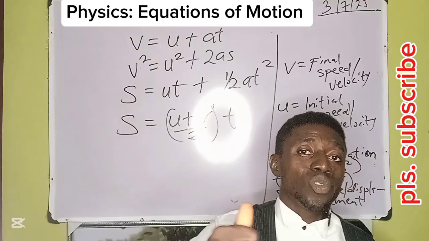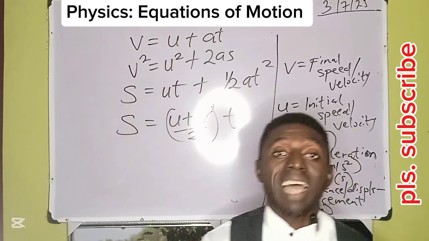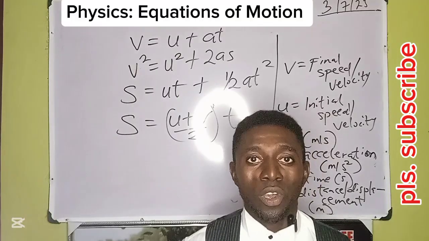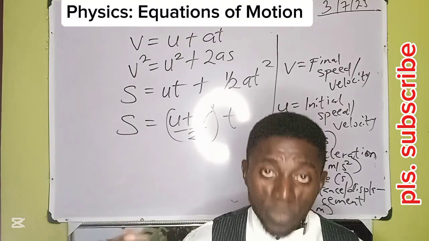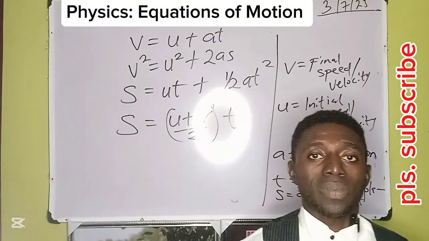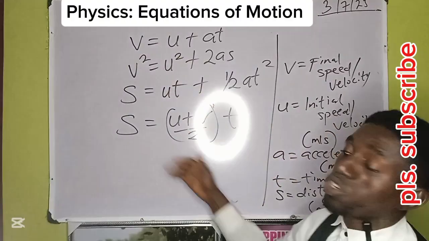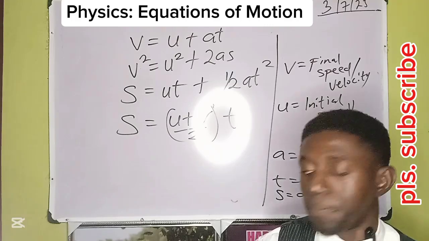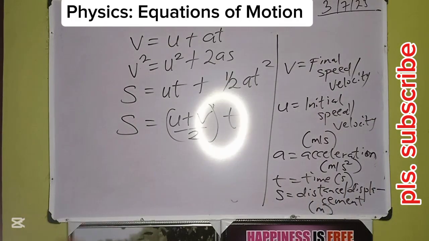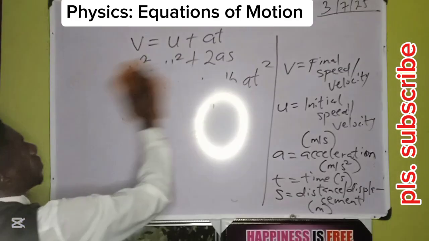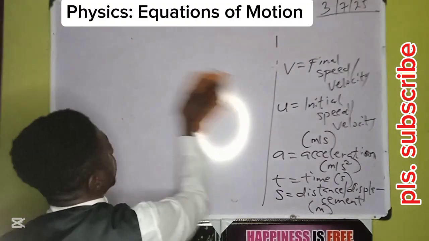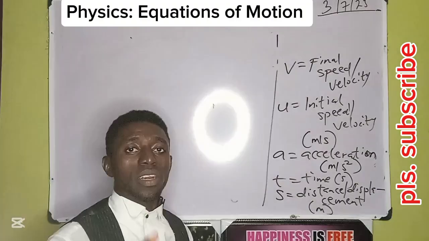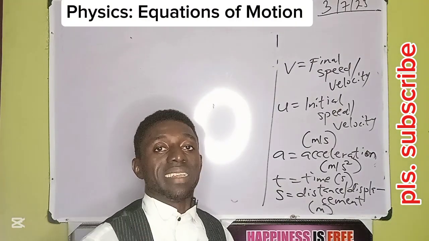Okay, then let's go back to deriving those equations, because that is how best to go with physics equations. You don't cram, you derive, you prove, so that even when you are dreaming, you can prove your formulas with ease. To get these 4 equations on the board, we need just 2 key formulas: the formula for finding acceleration and the formula for finding distance.